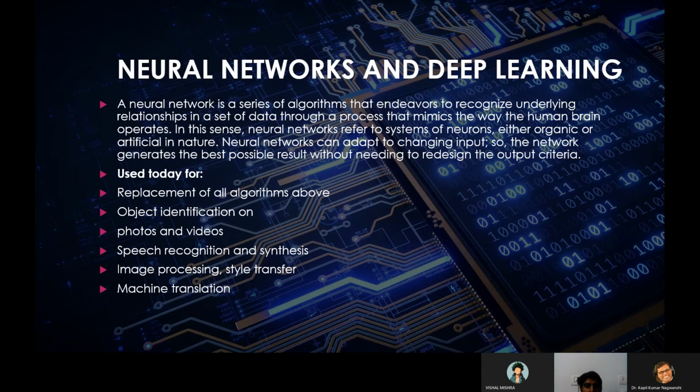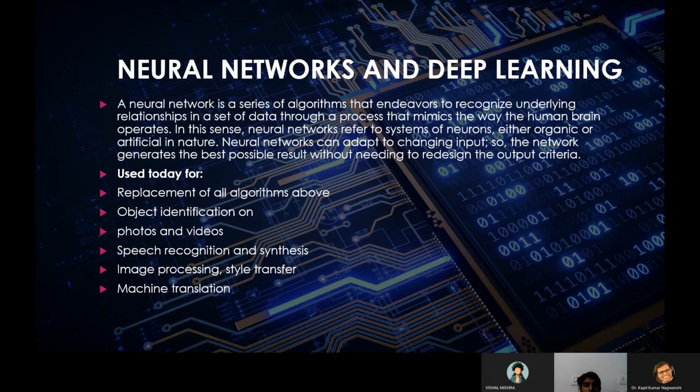And here are neural networks and deep learning. A neural network is a series of algorithms that endeavors to recognize underlying relationships in a set of data through a process that mimics the way the human brain operates. In this sense, neural networks refers to the system of neurons, either organic or artificial in nature.